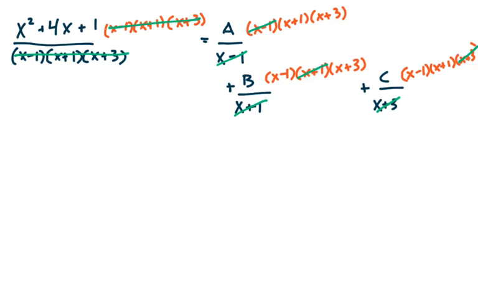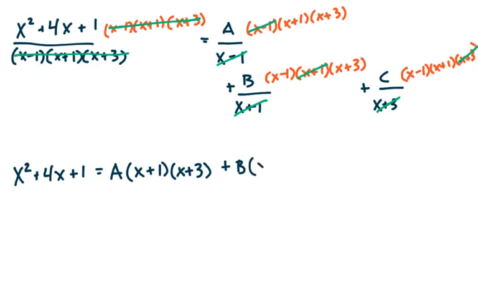So once I do that canceling, that leaves me with x squared plus 4x plus 1 equals a times x plus 1, x plus 3, plus b times x minus 1, x plus 3, plus c times x minus 1, x plus 1.